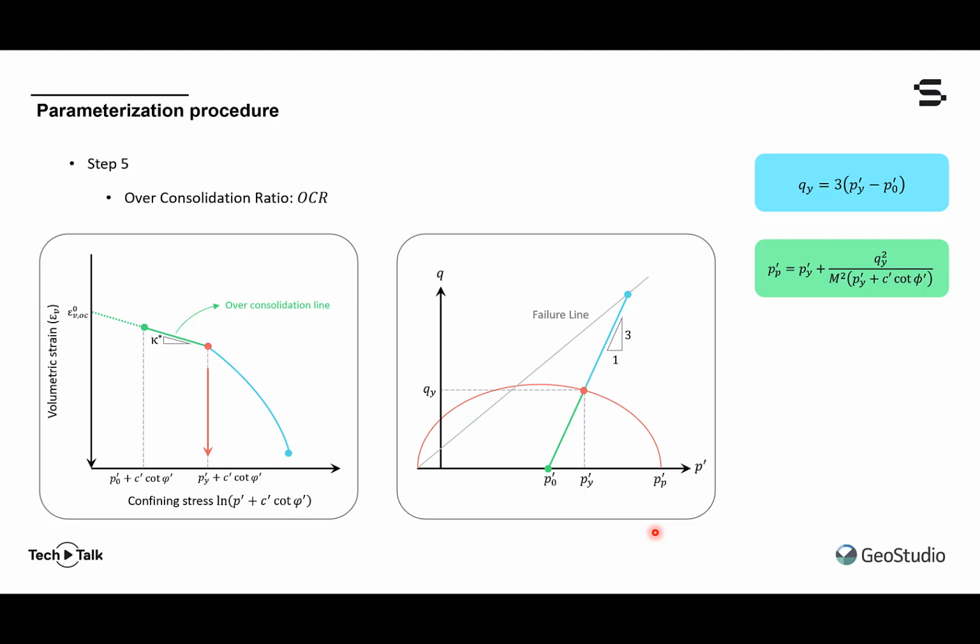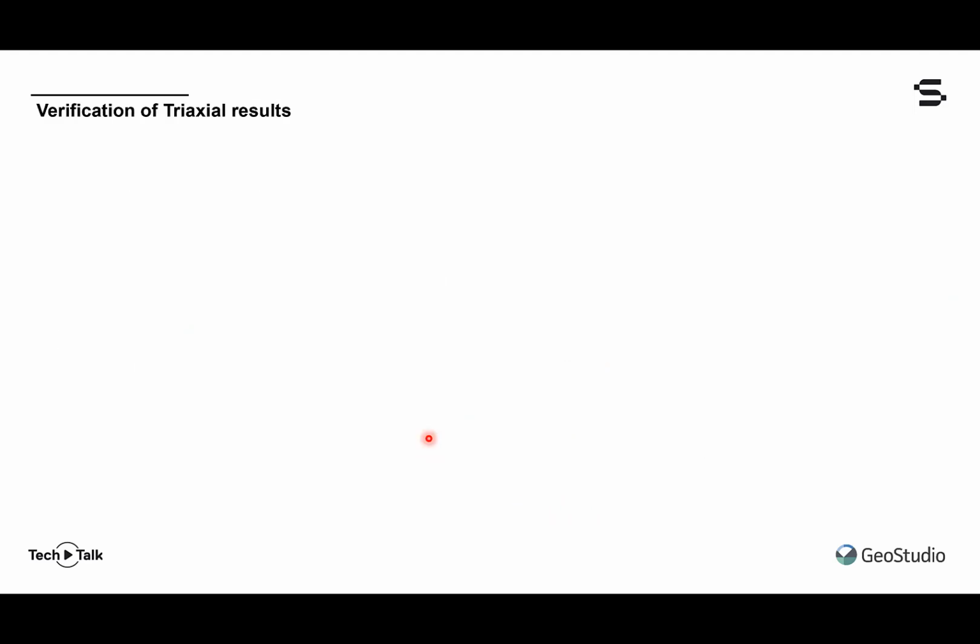In other words, we've taken the yield function shown previously and solved for this tip stress, p, for an ellipse that passes through the deviatoric and mean effective stress at yield. And so the isotropic pre-consolidation pressure is determined, and finally we get the OCR as the ratio of p_p and p_0.